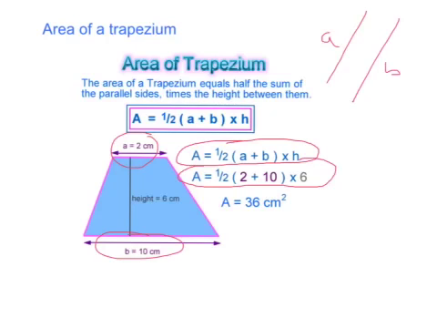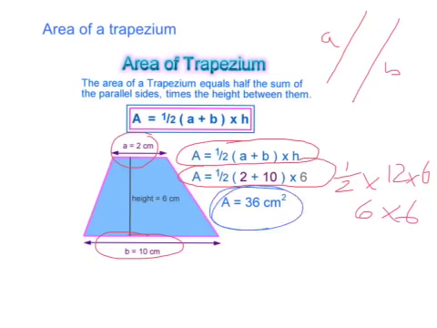So I've now got half times 12 times 6. Well, half times 12 is 6, times 6 gives me my answer of 36, and it's centimetres squared because it's another area. This is much trickier, but you never have to remember this equation because it's in the front of your exam paper.